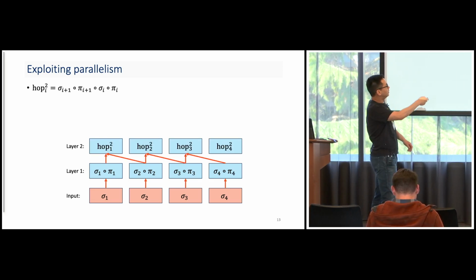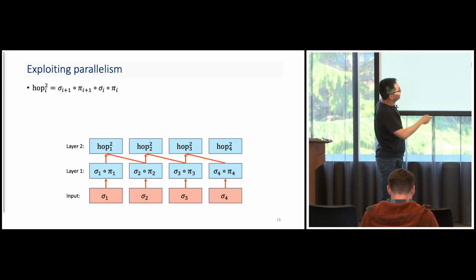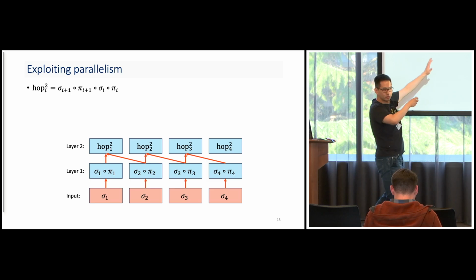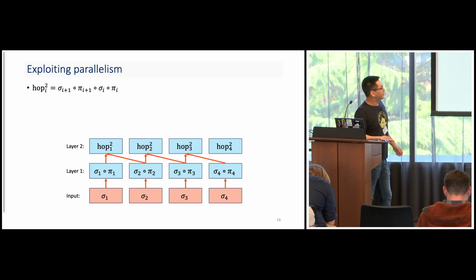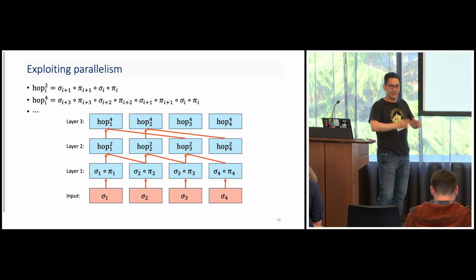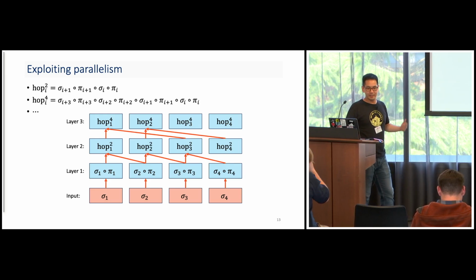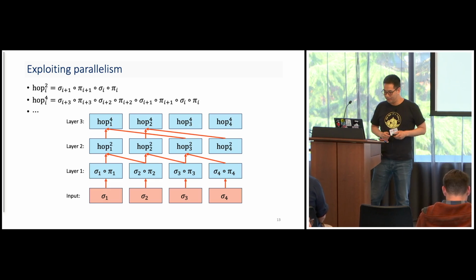You compose these two things together to get some other function, and so on. And then you compose even further, and keep doubling the length of your composition with every layer. That's why you end up with just log k layers.